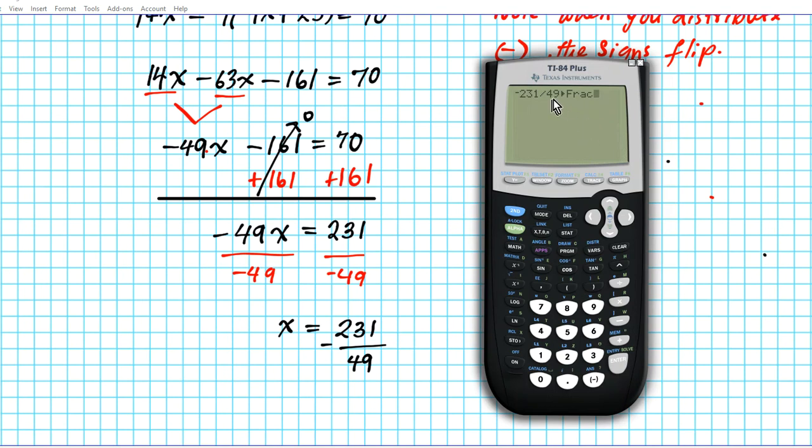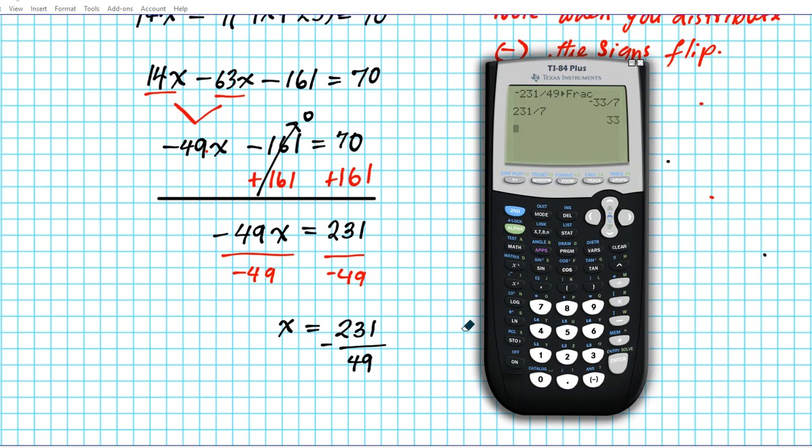Now if this is irreducible, it will return the same answer as we put here. But if it's reducible, it will give us the reduced form. Okay, so press enter. What do you get? We get negative 33 over 7. So this basically helps us to see that 7 goes into 231. Okay, 231 divided by 7 should be what? Should be 33.